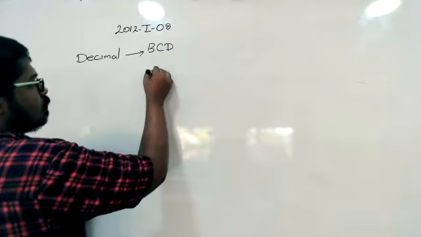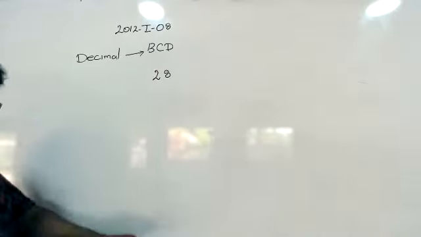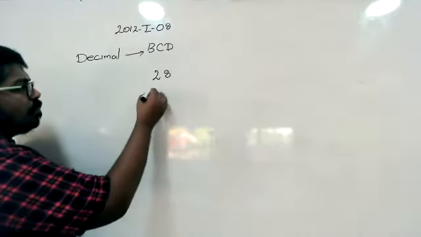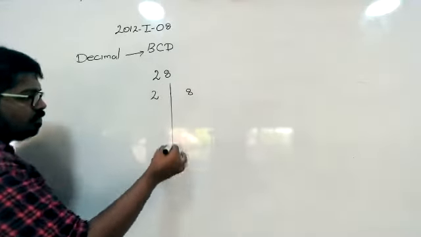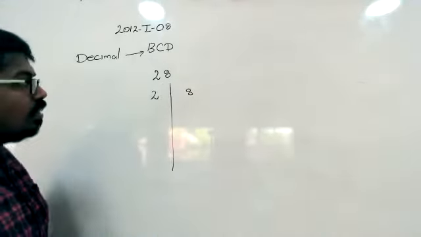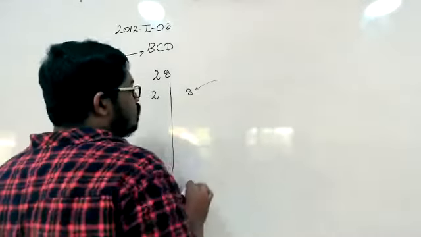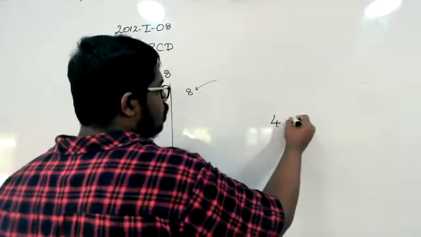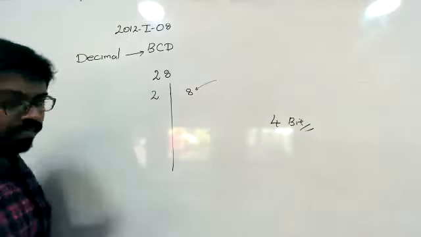The given decimal number is 28. What you have to do is separate the digits 2 and 8. Then convert each and every digit into a 4-bit binary value. So 4-bit binary value is a must.